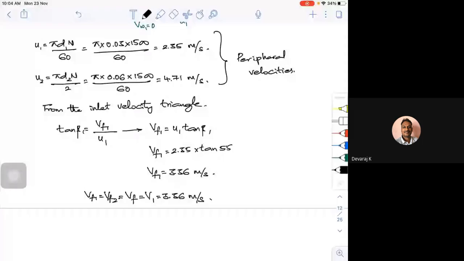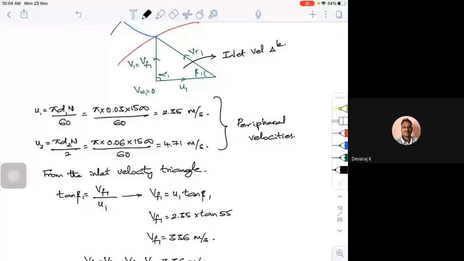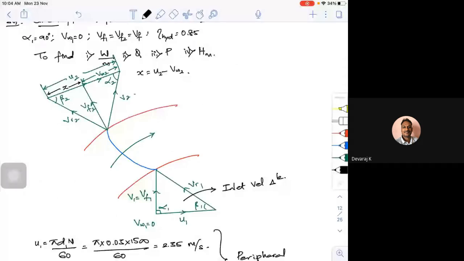Now consider the outlet velocity triangle. What am I supposed to do here? If I use the trigonometric principles, tan beta 2 is equal to Vf2 divided by x.